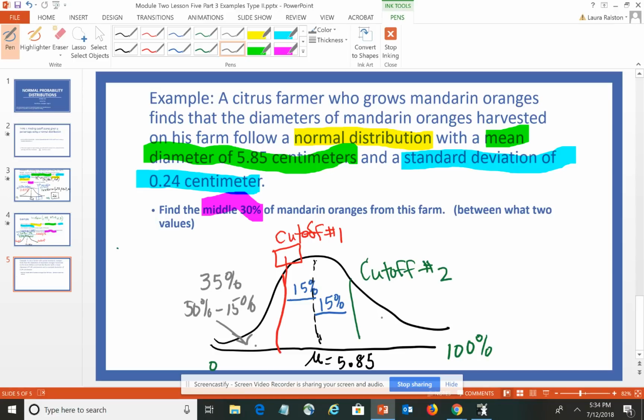And since it's a mirror image, that also tells me that on the other side, I'm going to have 35%. So you have to be careful about what values you enter into the calculator. Okay, so see if you can figure that one out, and I will post the answers for you.